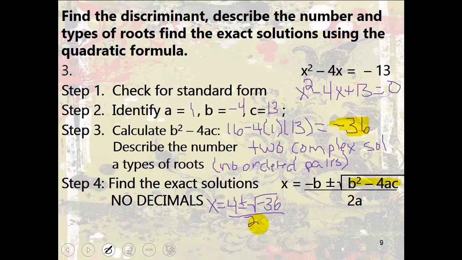Okay, I'm going to simplify my radical, and that gives me x equals 4 plus or minus 6i. The negative comes out as an i. We learned that in our complex number discussion. And the square root of 36 is 6 all over 2. And now I'm going to rewrite it.